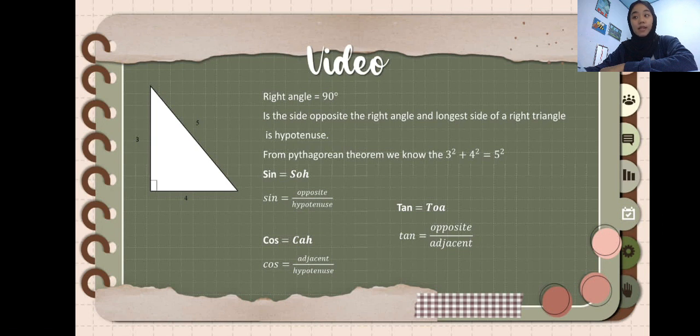So sin is opposite per hypotenuse, cos is adjacent per hypotenuse, and tan is opposite per adjacent.